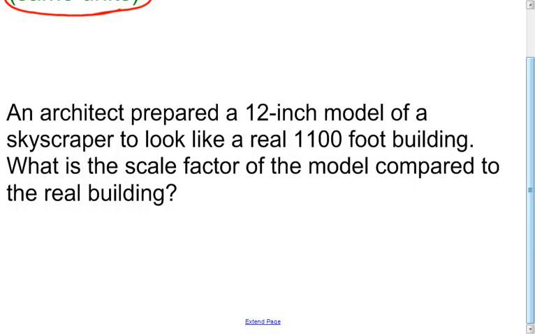Well, again, remember I had to convert something. So I think it's going to be easier for us to turn the 12 inches into feet versus the 1,100 feet into inches. Now I'm going to use unit conversions. I know there's 1 foot in 12 inches. So really this is what we're doing, and I know this would probably be something you wouldn't need to actually show your work on, but I'm going to show it just in case.